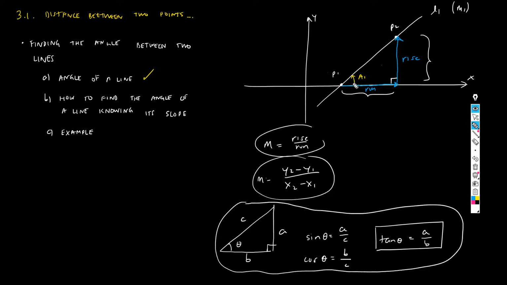The tangent of this angle 1 will be equal to the opposite cathetus, which is rise, over the adjacent cathetus, which is run. Okay, so as you can see, this and this definitions are the same. So that tells me that the tangent of the angle 1 is equal to the slope.